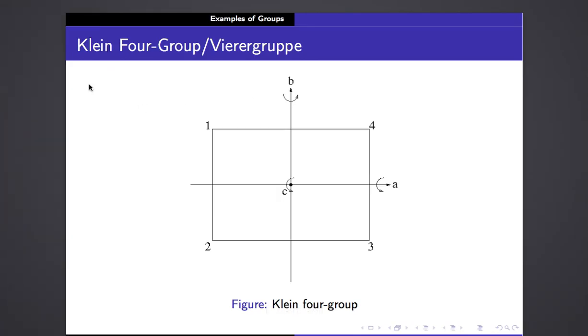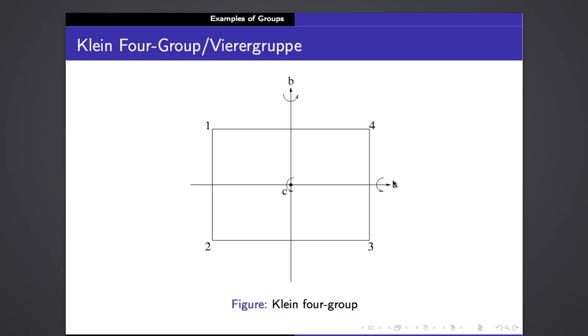Okay, here comes another important example: the Klein four group, or in German, Vierergruppe. You are seeing a picture of a rectangle. The Klein four group is obtained by considering rotations.